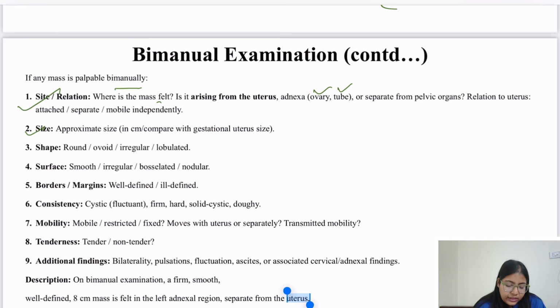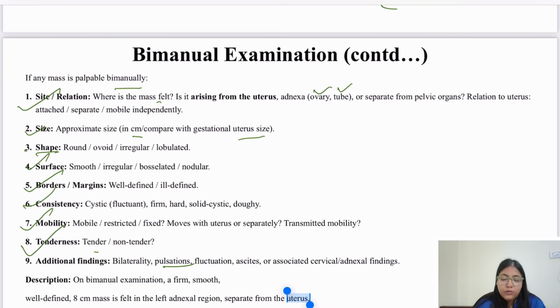Okay, you then tell the size in approximate centimeters or period of gestation, and you tell about the shape, surface, border, margin, consistency, mobility, tenderness, and additional findings which can be there. Mass can be bilateral, adnexal mass can be bilateral.